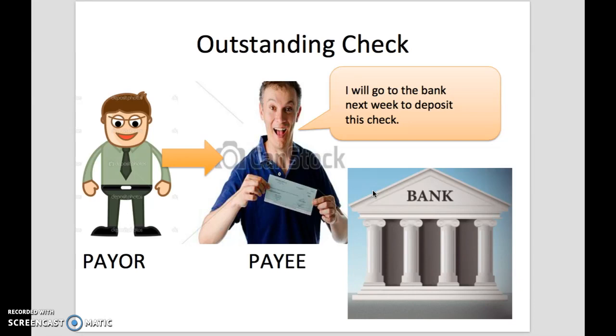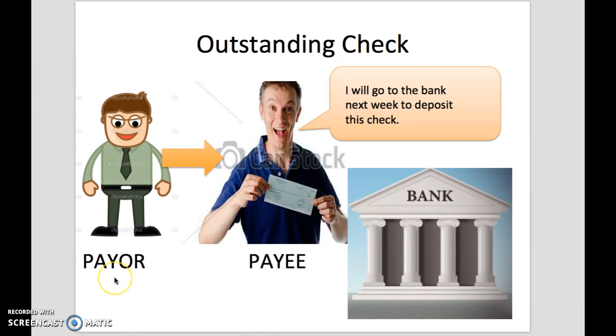So in summary, what happens is if the payee doesn't go to the bank right away on the day that the check is given to him, then there will be a time lag, and the record of the payor and the record of the bank regarding the payor's deposit account will not be the same.